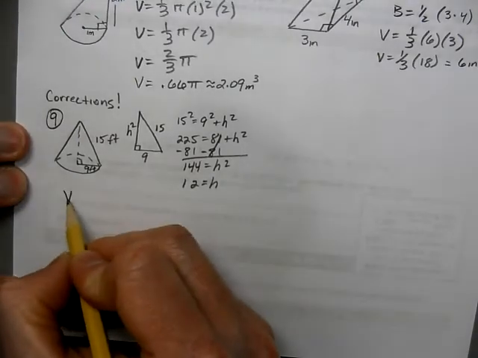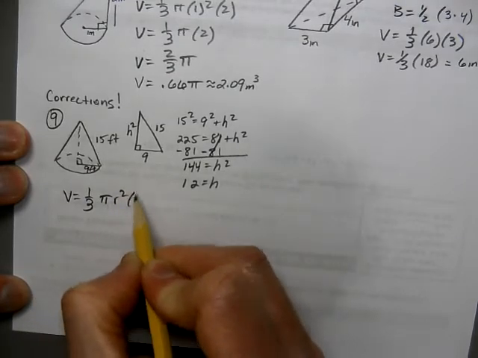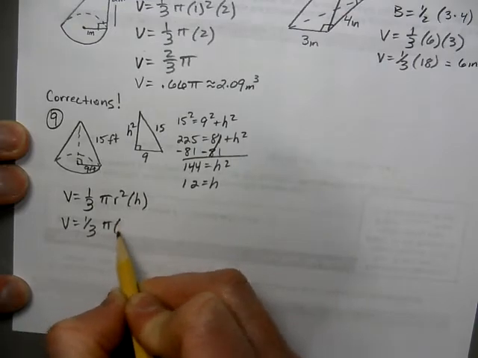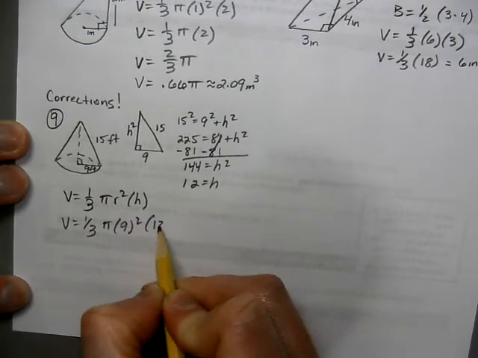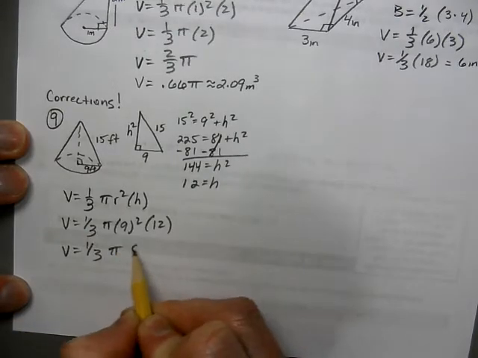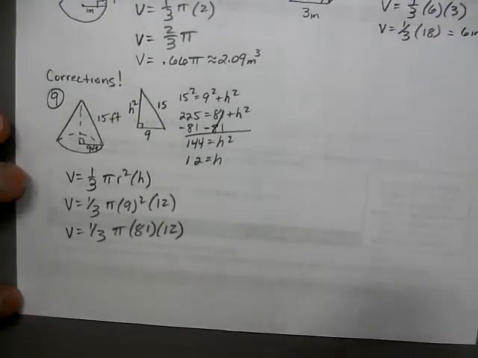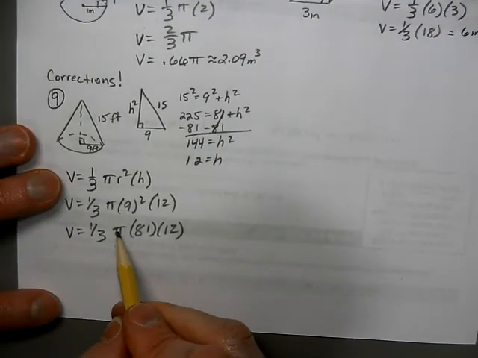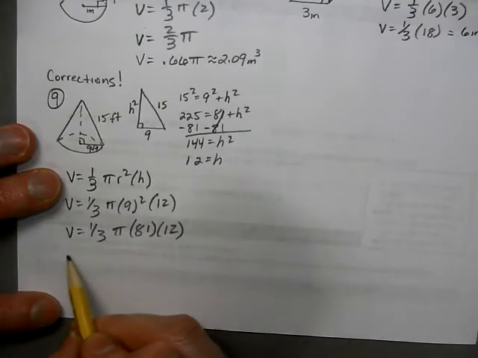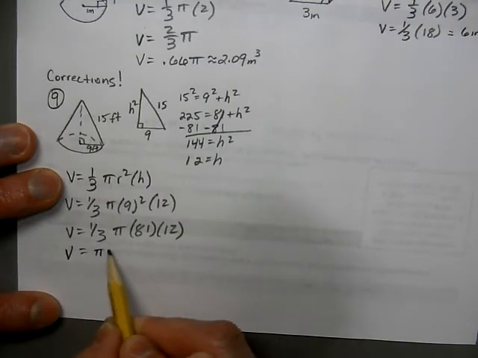So now we can calculate the volume by 1/3 pi r squared times h. You can take 1/3 of the pi, you take 1/3 of the 81, you take 1/3 of the 12. You just can't take 1/3 of each of those.